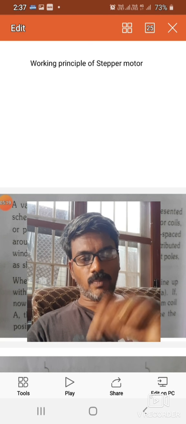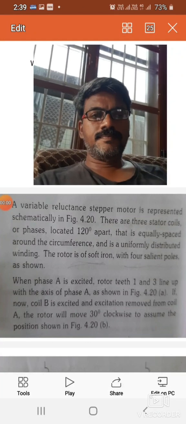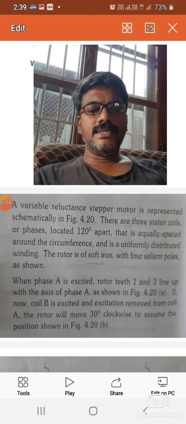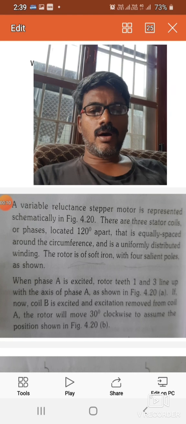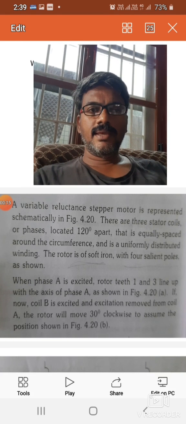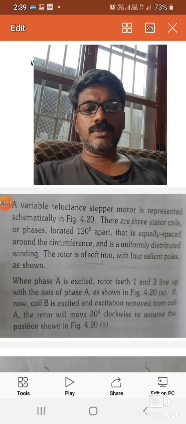Next, depending upon the design of the motor and its intended use, the power pulses may consist of current pulses of the same polarity or alternate pulses of opposite polarity.